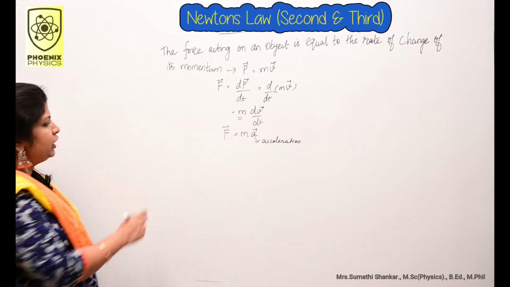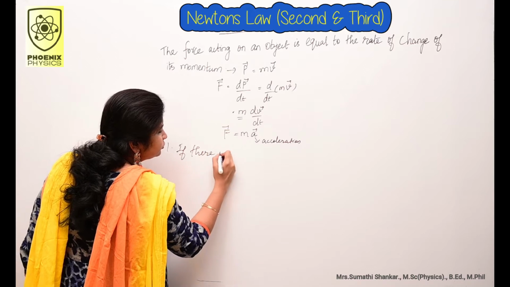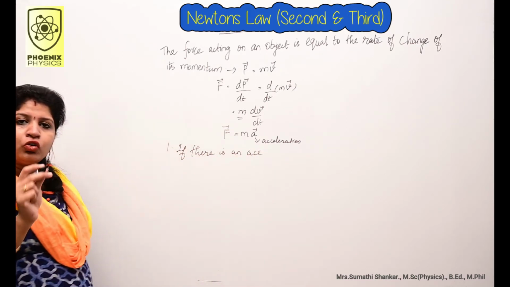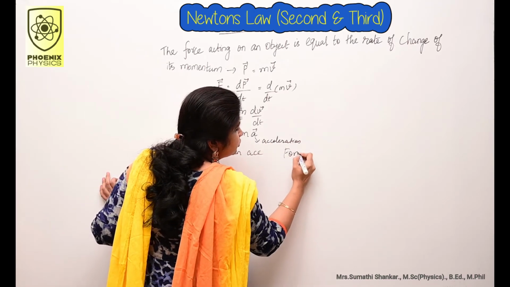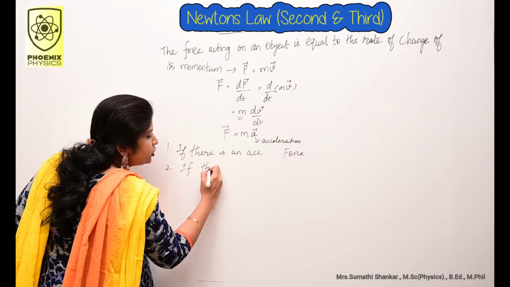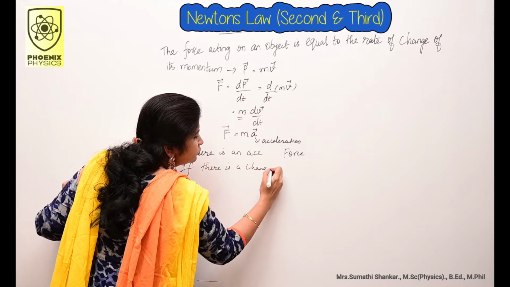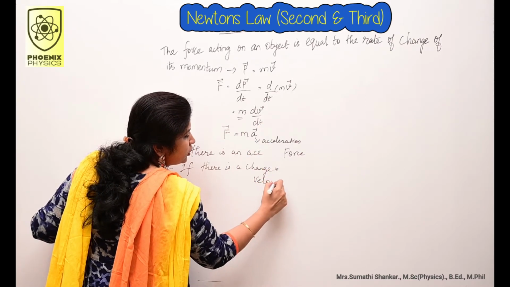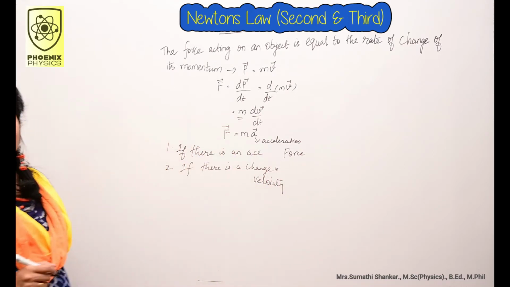First one, if there is an acceleration, there must be a force acting on the object. Second, if there is a change in velocity, that is dv by dt, there must be a force acting on the object.